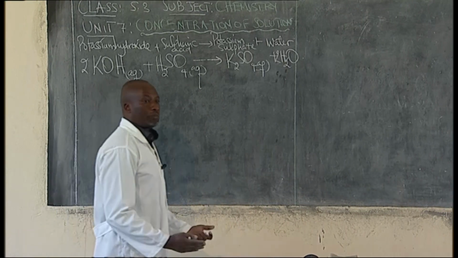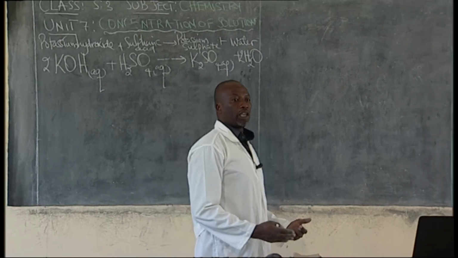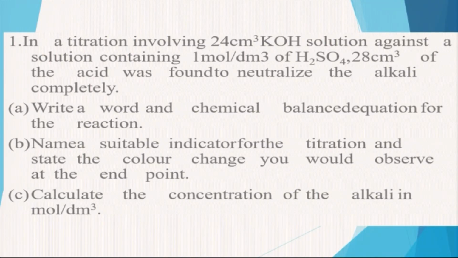So they said, part B, name a suitable indicator for the titration and state the color change you would observe at the end point. The indicators that we have used, all of them are suitable.